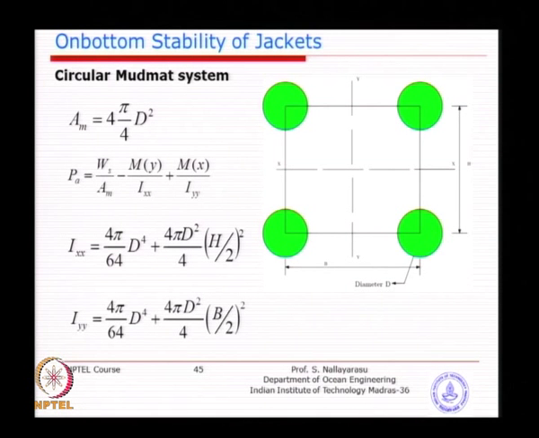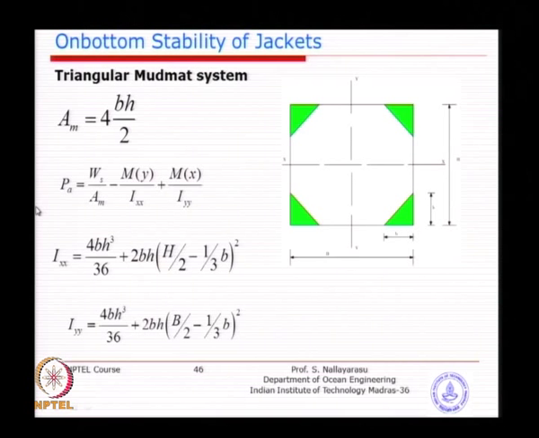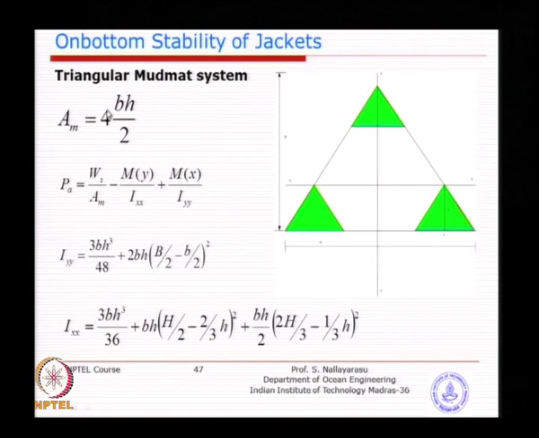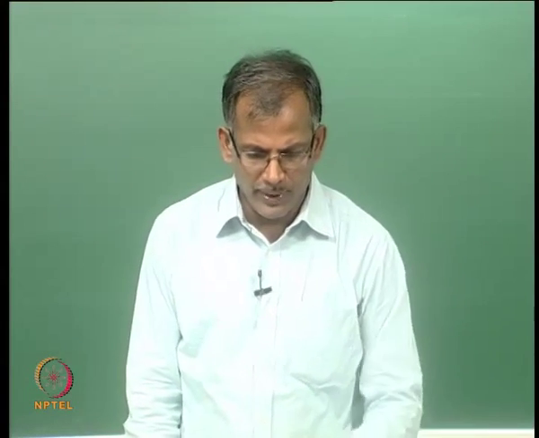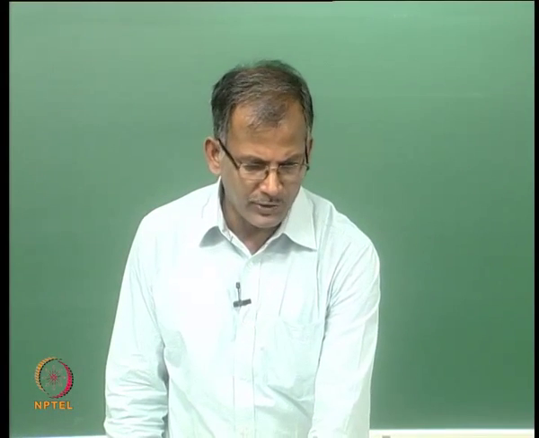This is for circular and for triangular, and the last one is for a triangular jacket with triangular mud mat. So, all these you must remember or learn to derive. I think you should have studied this in your mechanics course for any complex shape.